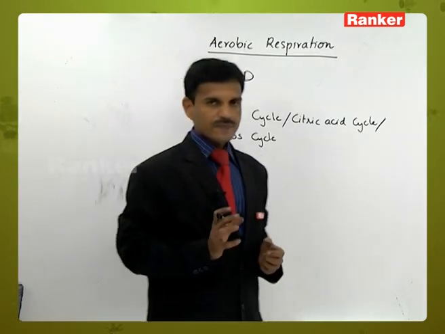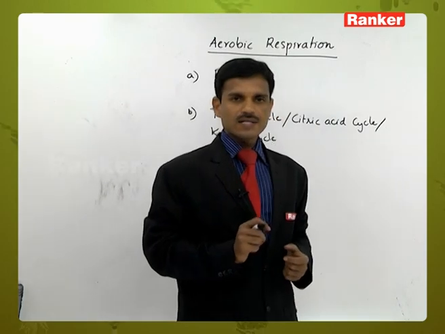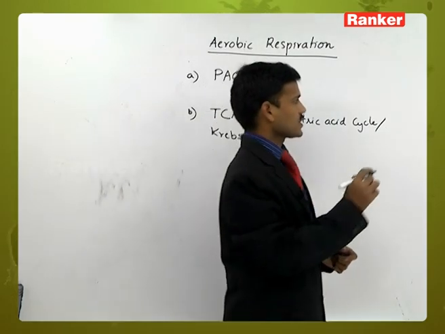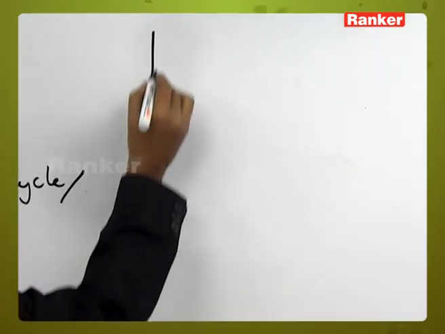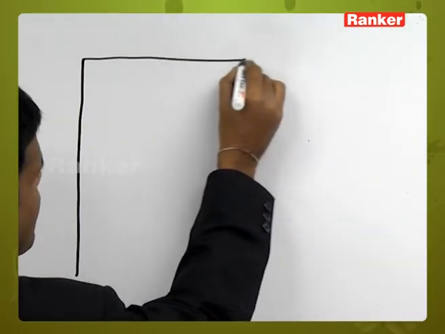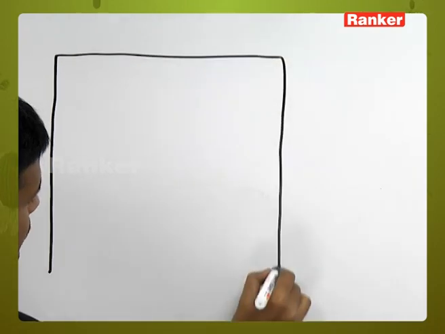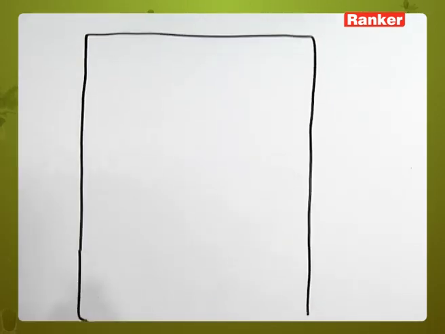Pyruvic acid oxidative decarboxylation. In glycolysis, glucose is converted into pyruvic acid, which is synthesized in the cytoplasm. This pyruvic acid enters the mitochondria.